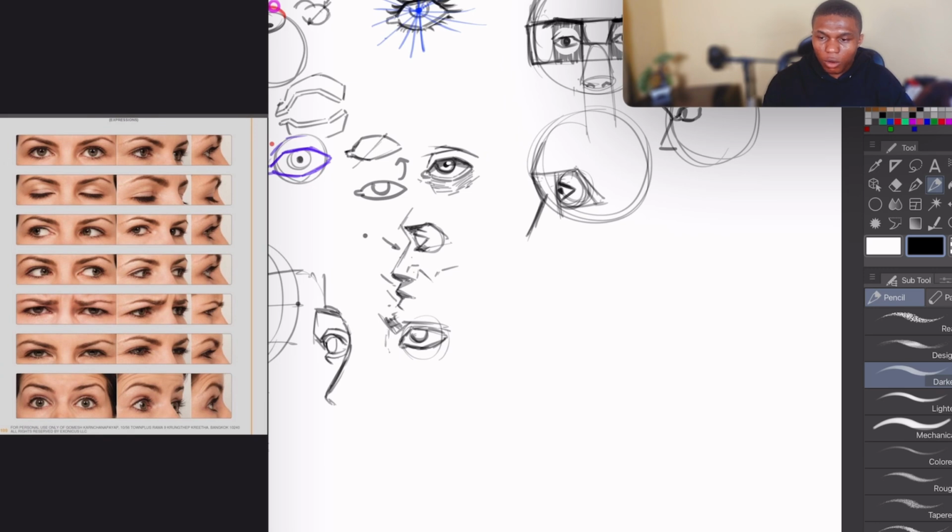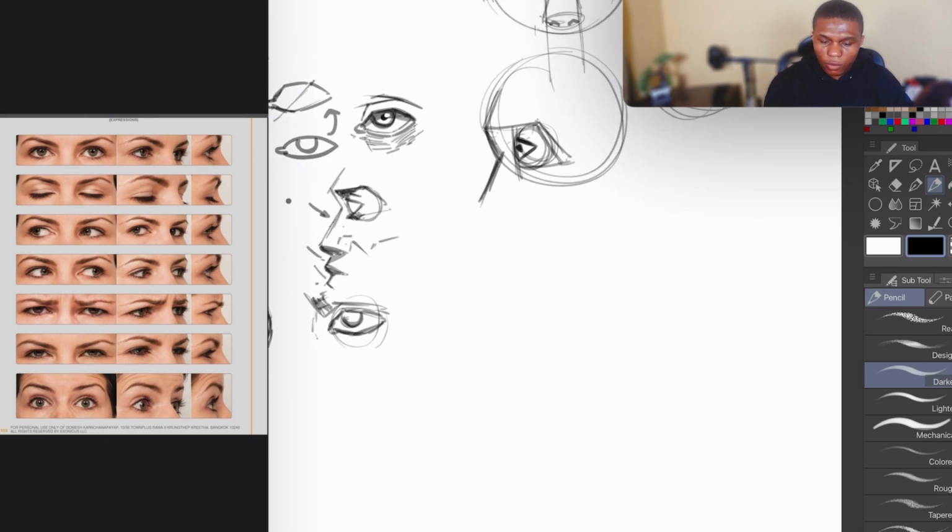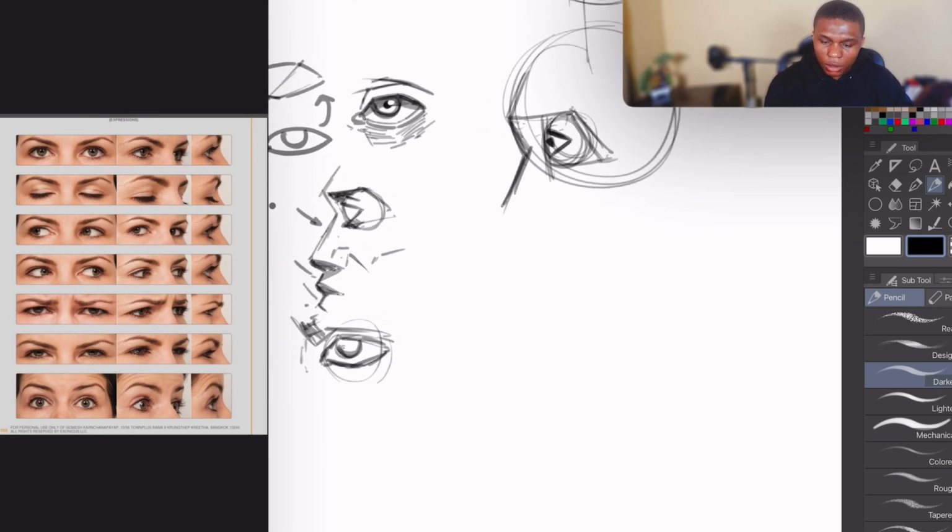So when you're looking at the expressions of the eye, there can be an oversimplification where, if you look at manga or cartoons, you can use simple shapes like a semicircle to give different expressions.